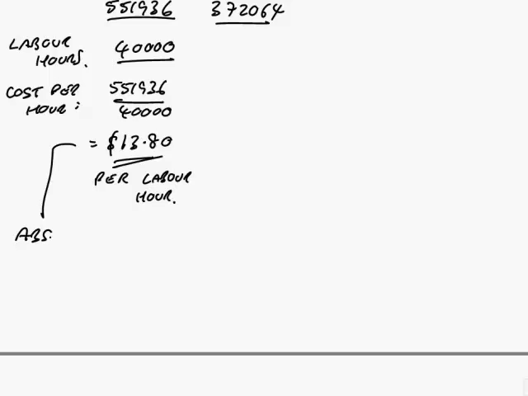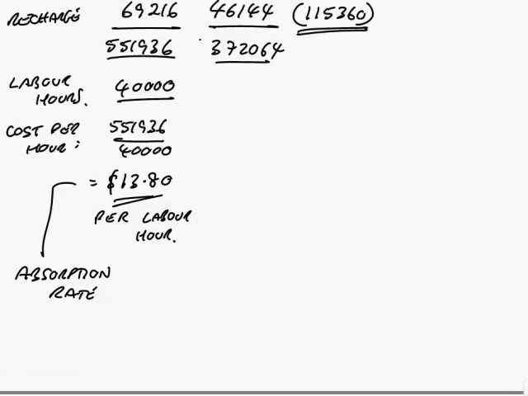And therefore the cost per hour, 372,064 over 60,000. Again to the nearest cent, I get $6.20 per machine hour.